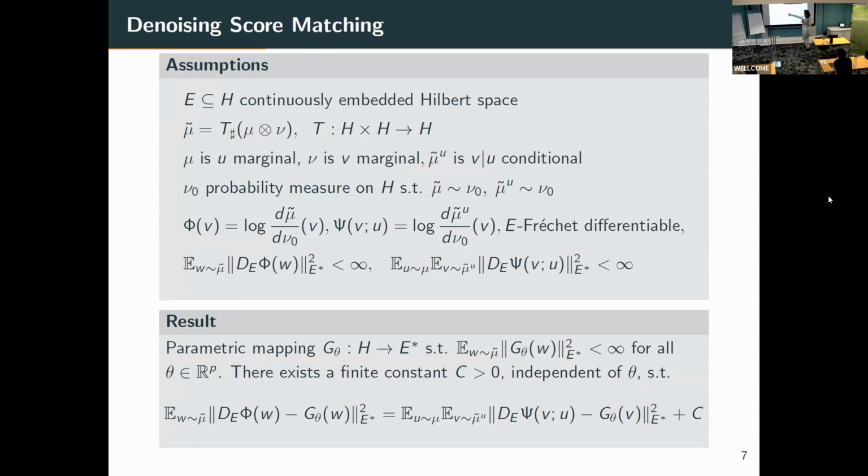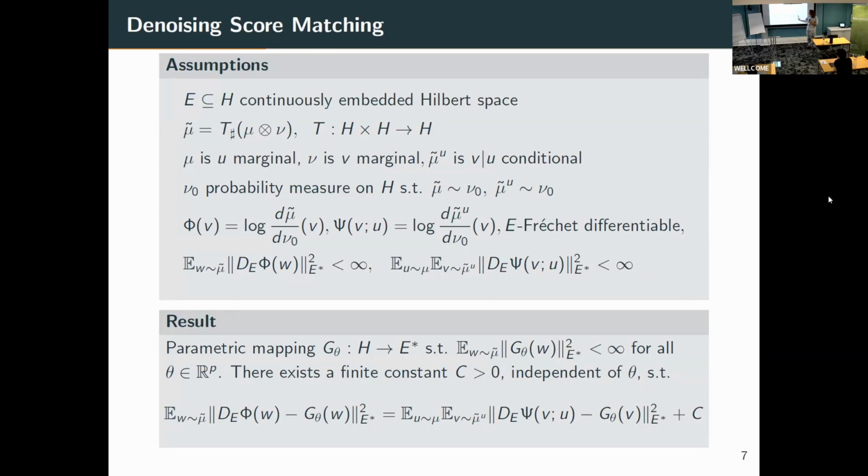So now I can get density with respect to this new measure for both my things. And I'm going to assume that they're Fréchet differentiable, so along the directions of E. And then I'll only make one more assumption, which is that they're square integrable. So to define a score, you need differentiability. And then I'll assume that the scores themselves are also square integrable.